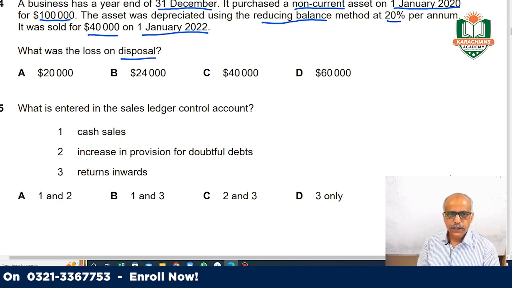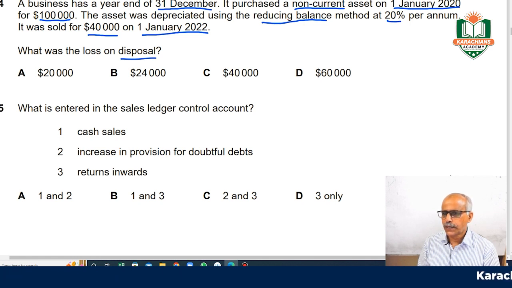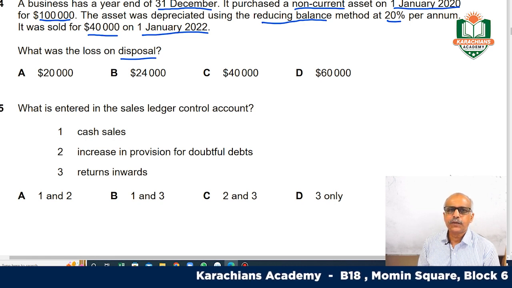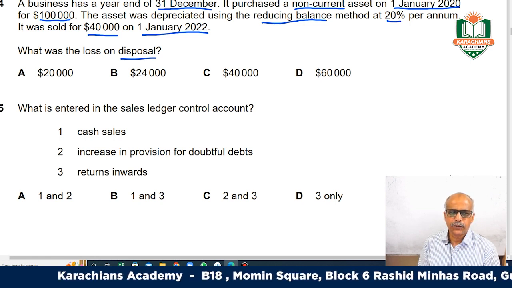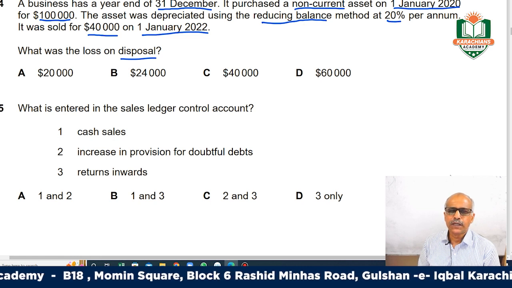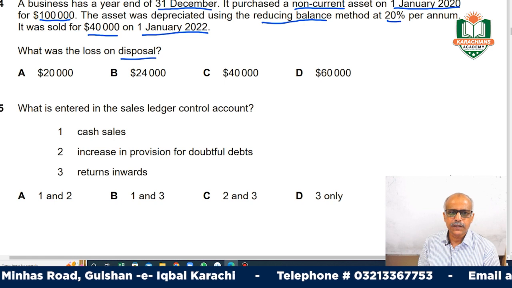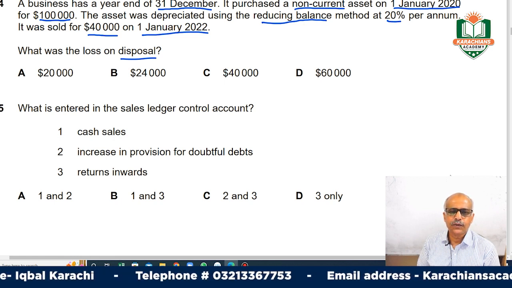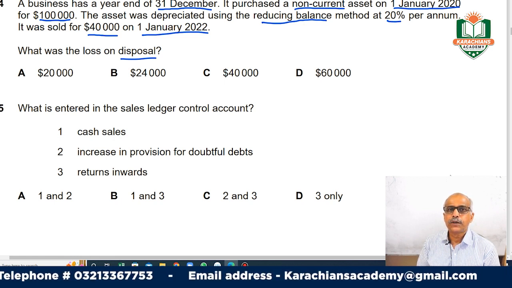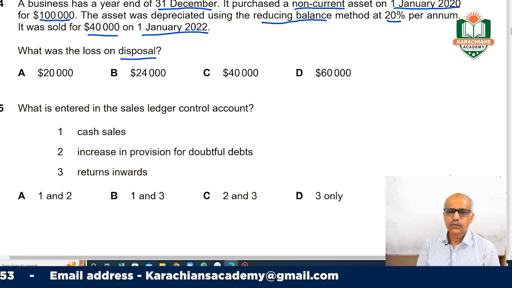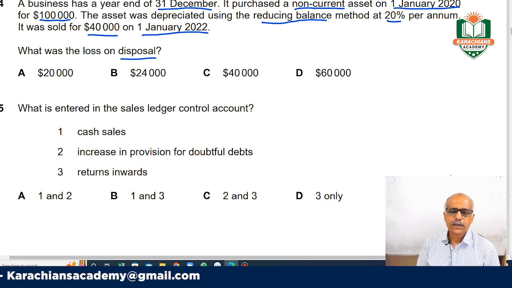Please note, 1st January we bought it and it remained for 1 year in 2020 and in 2021 the second year, so 2 years it remained in the business, and on 31st of December 2021, on the next day, it was disposed of.